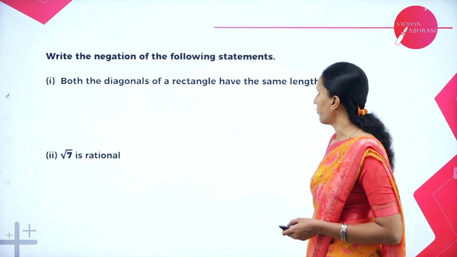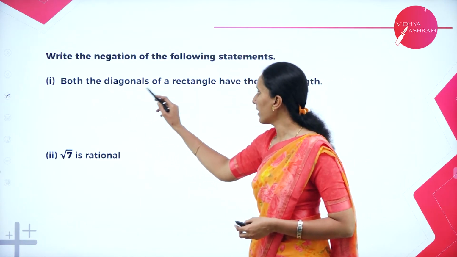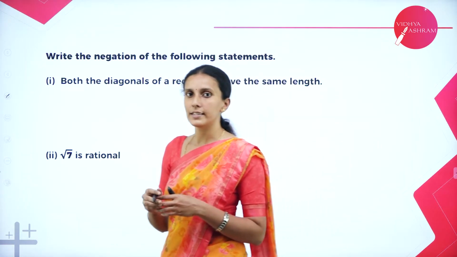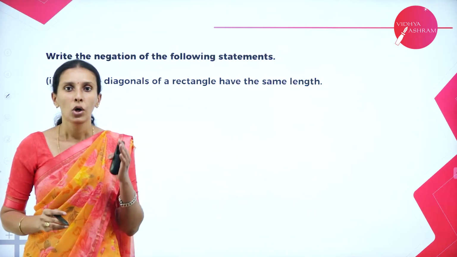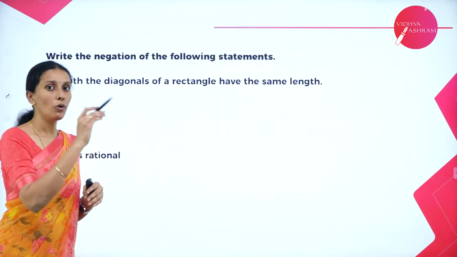Write the negation of the following statements. Here we have: both the diagonals of a rectangle have the same length. We have to negate the statement. How to negate it?